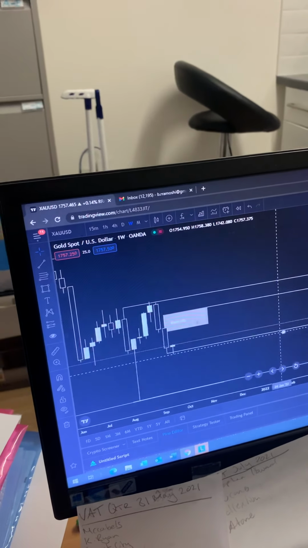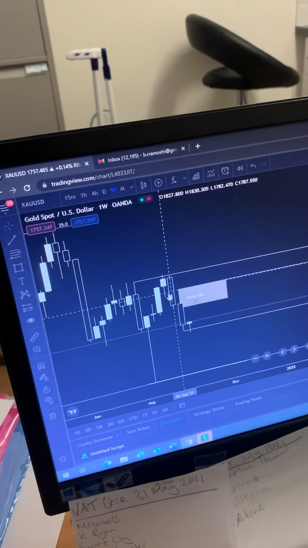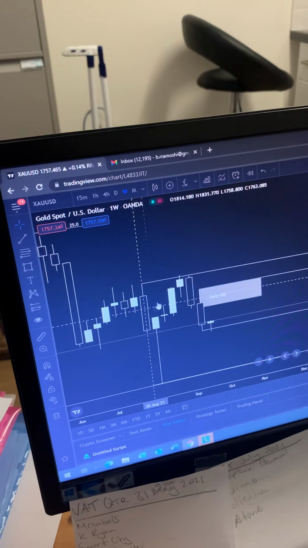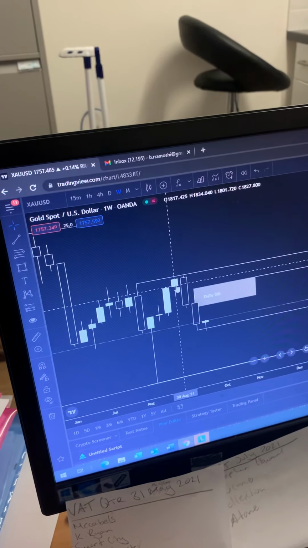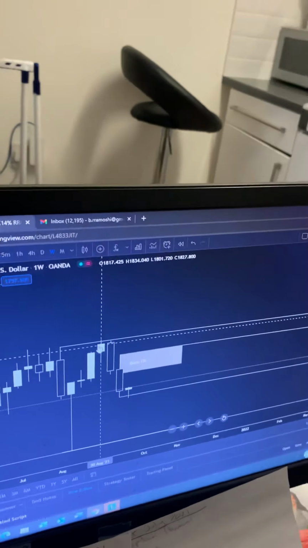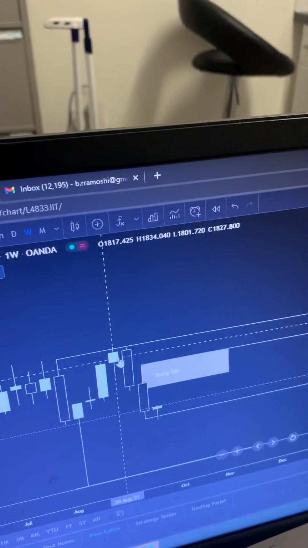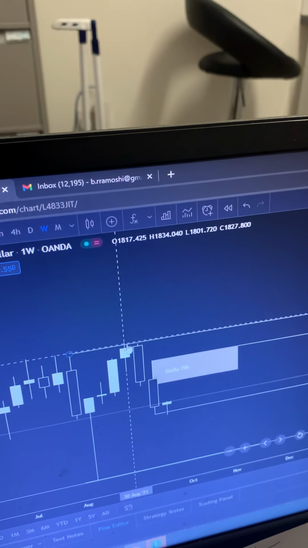Going back to last month's high, which is this level here, last month's high was August, right? In this week, you can see how it's stabbed above.